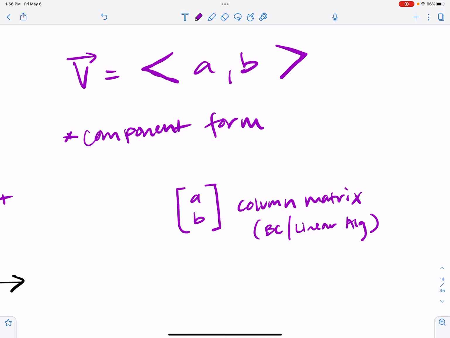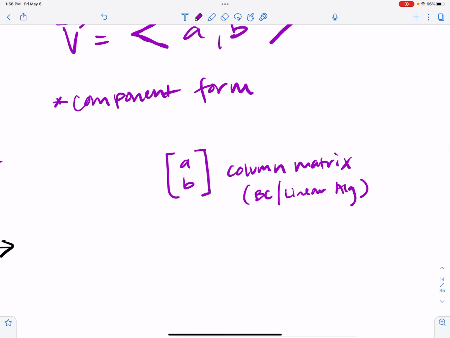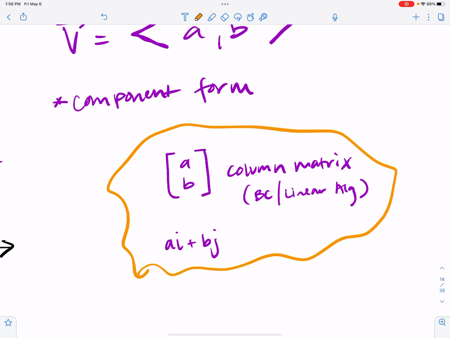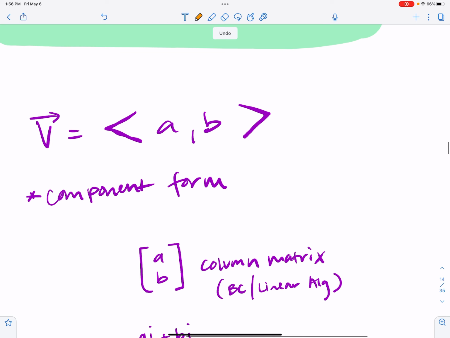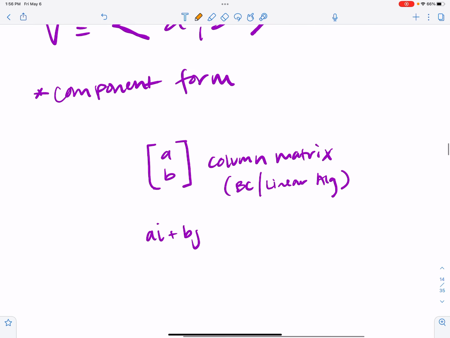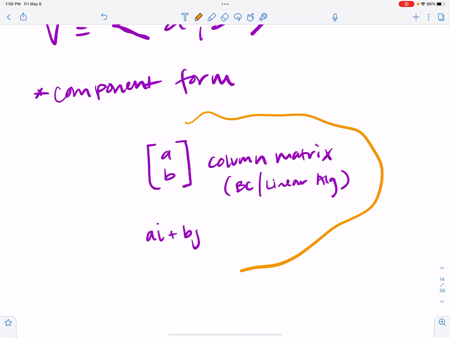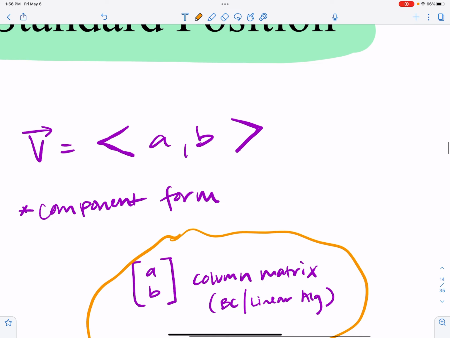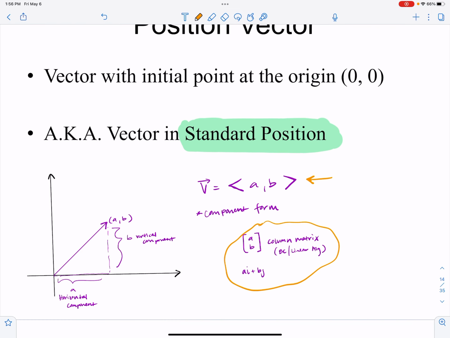So like a college level math course. And then there's i and j form, which we are going to talk about. Okay, so these are a couple other forms, but typically we're going to be representing vectors that are in standard position in this form, component form, with the pointy brackets.